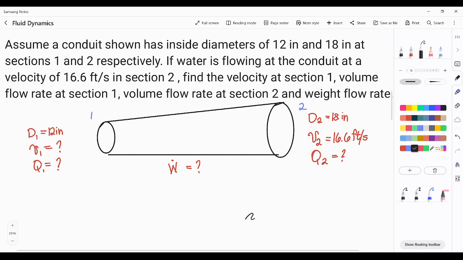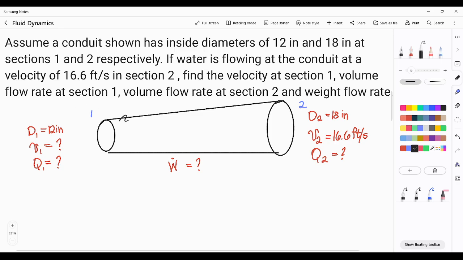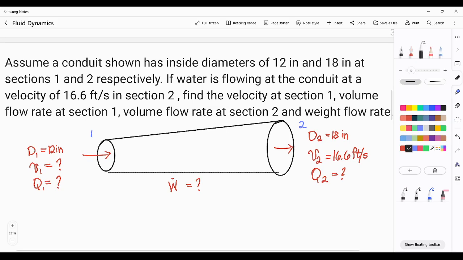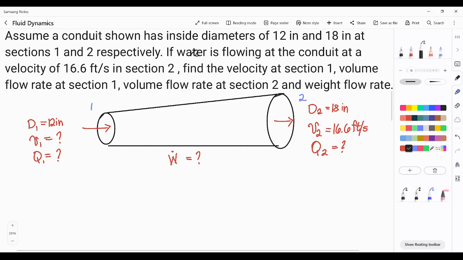Substitute lang. So, using the continuity equation, the volume flow rate entering at section 1 must be equal to the volume flow rate at section 2, since this is an incompressible flow, since we have a liquid, which in particular is water.